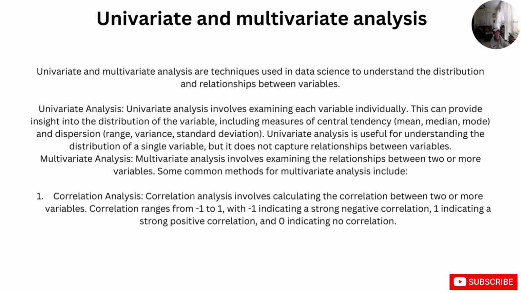Multivariate analysis involves examining the relationship between two or more variables. Some common methods for multivariate analysis include: number one, correlation analysis. Correlation analysis involves calculating the correlation between two or more variables.